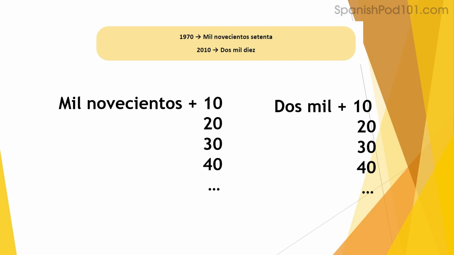That is saying 1910, 1970, 1930, or 2010, 2020, etc. These are the years that you're going to be using more often in the beginning of your Spanish journey. Here in the little box at the top of your screen, we have two examples: 1970 and 2010.